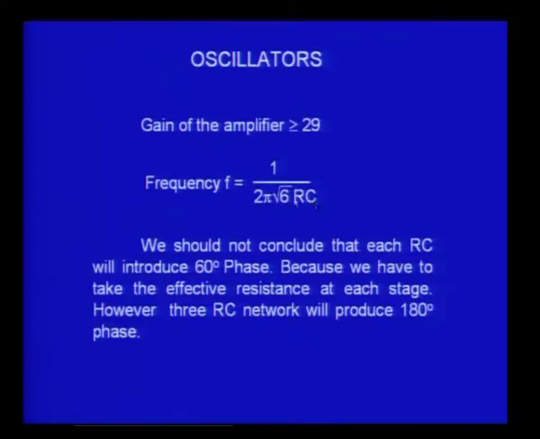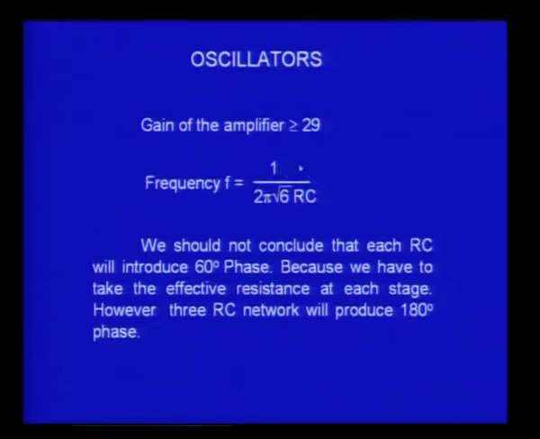That root 6 is the factor which comes in addition to the normal 1 by 2 pi RC term. So when you use a 3 RC phase shifting network, the oscillator works when you maintain a gain larger than 29, and the frequency will be given by 1 by 2 pi root 6 RC, where R and C I assume are equal.